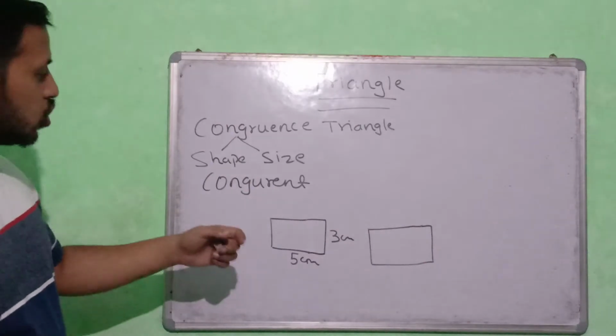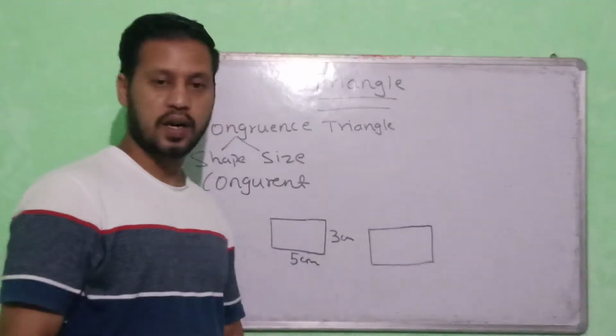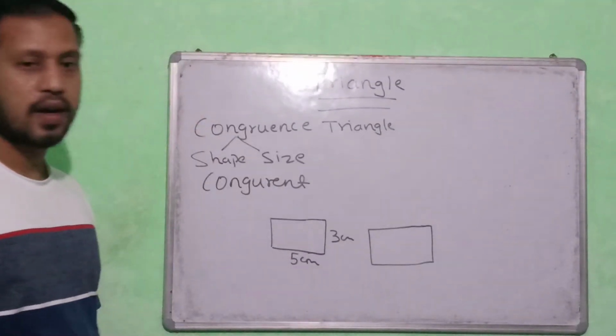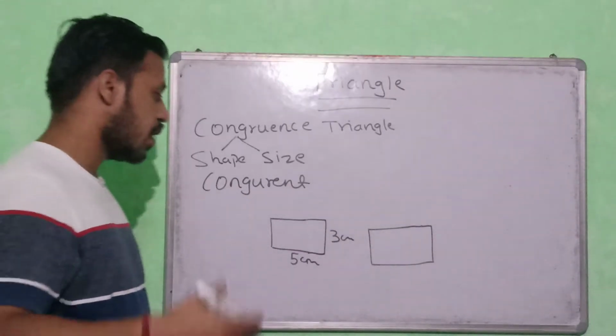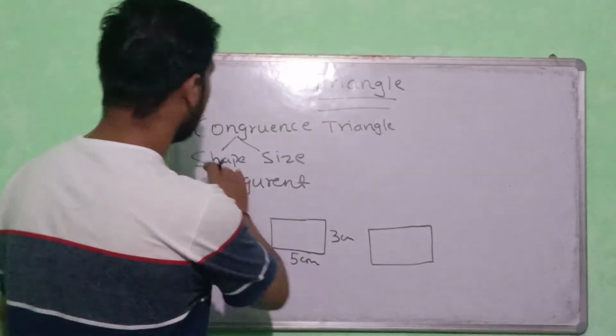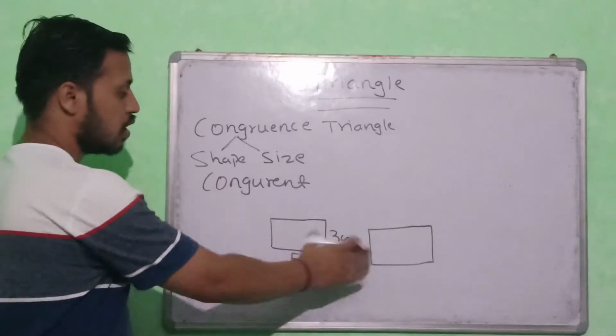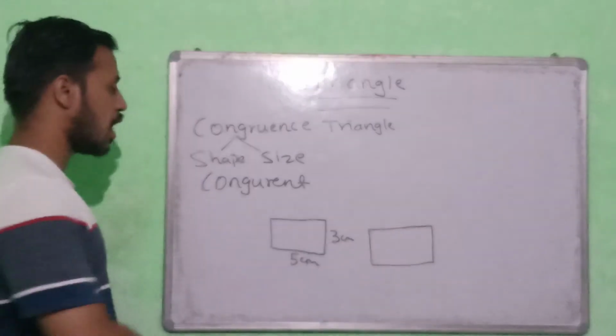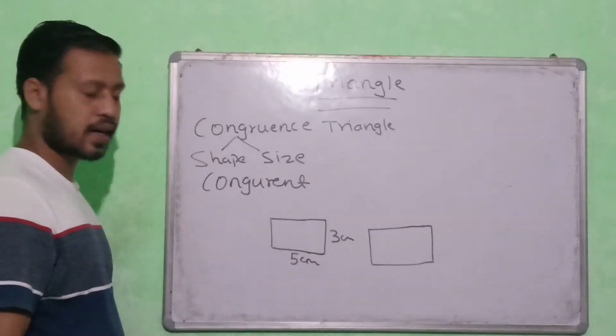First part is shape. These both shapes are equal. Both are rectangular. They both are rectangle in shape. The first condition proves that both of them are rectangles.